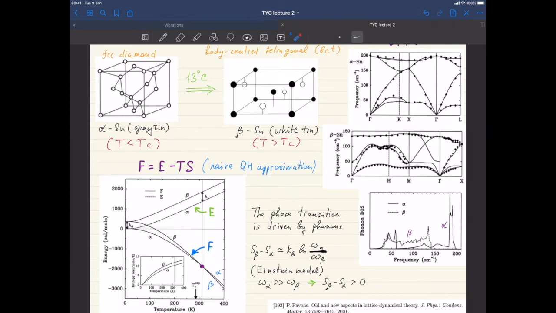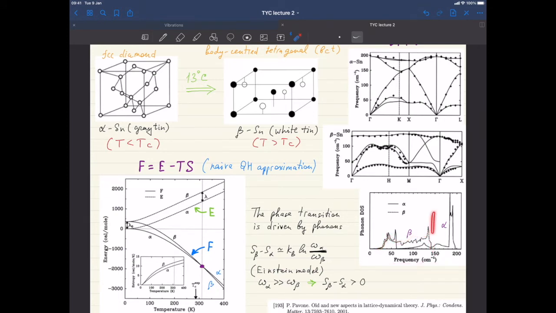So here you can see dispersion curves for alpha-tin of the vibrations. You see acoustic branches, you see optical branches here, and the same for the beta-tin. And if you look at the order of magnitudes of the vibrations, the alpha-tin has higher frequencies. So here you have a density of states for beta-tin.